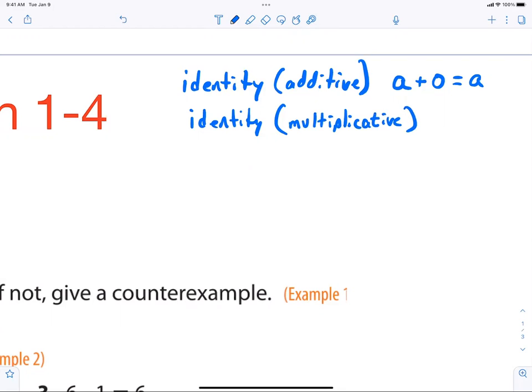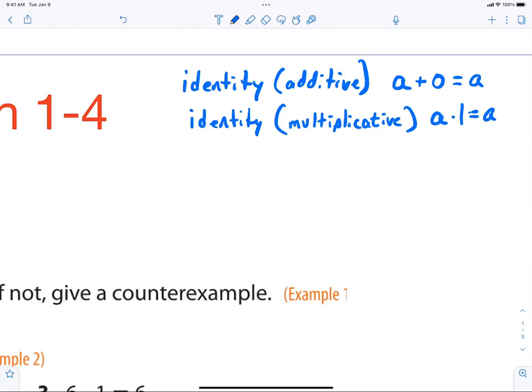Someone who's been paying attention, tell me what the multiplicative identity is. Samantha. Yay, that's exactly right. So you could say A times 1 equals A. Very nice. That's all there is to it.